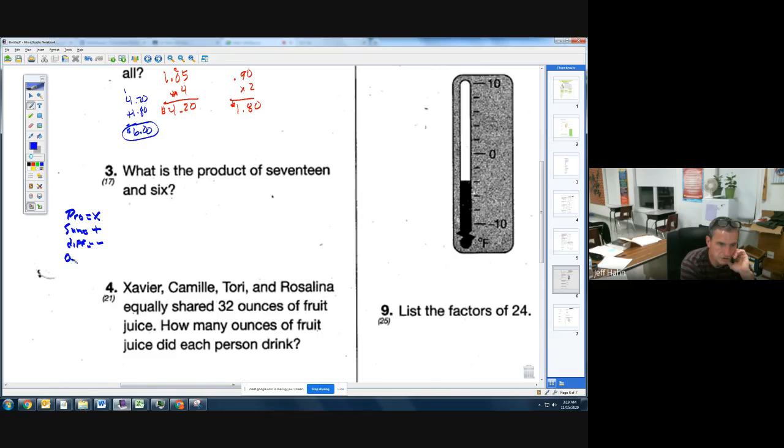And the quotient is division. But here they're asking us for the product. That's 17 times 6. Hopefully you're good at your multiplication here. 7 times 6 is 42. Carry the 4. 6 times 1 is 6 plus 4 is 10. So 102 should have been your answer for problem number 3.